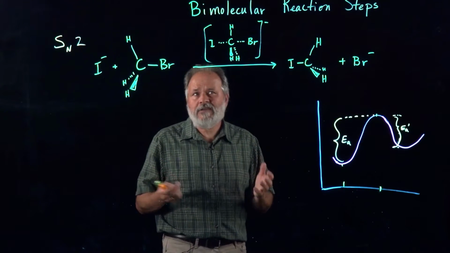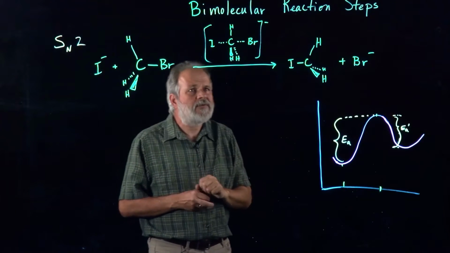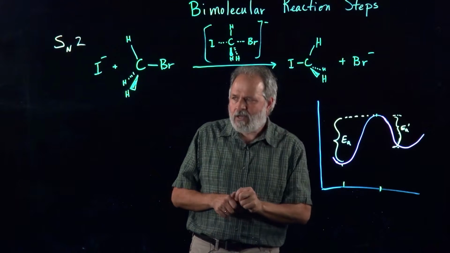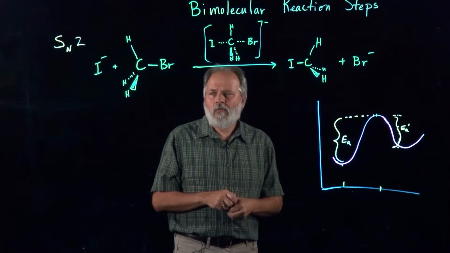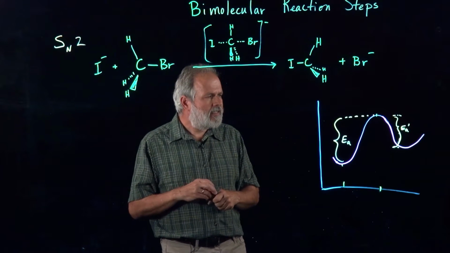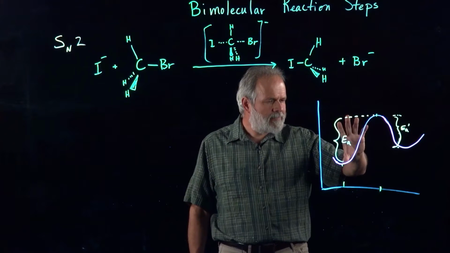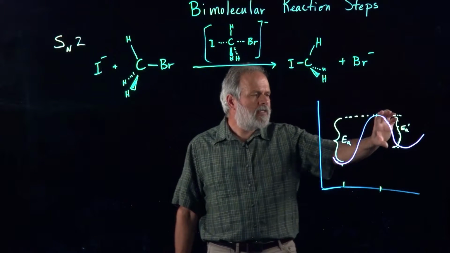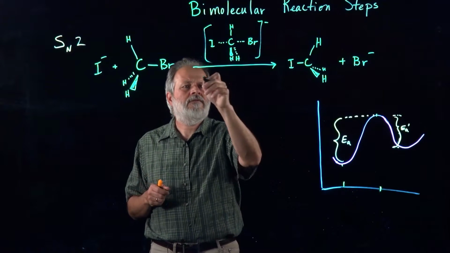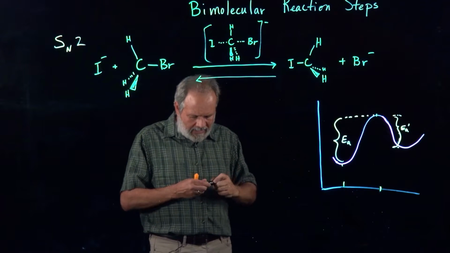If there's not enough energy, you won't get to this particular geometry, and you'll just go back down. So the more and more energy in the collision, the more and more likely you are to have enough energy to get over the height. Again, the activation energy for the forward process is a lot higher than it is for the reverse process, which is, of course, going backwards.